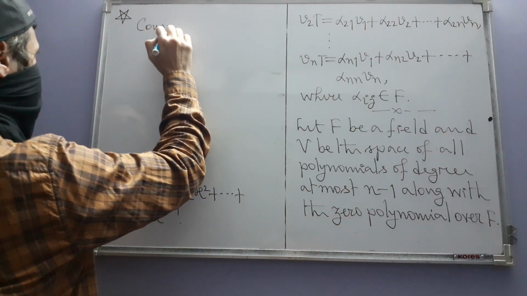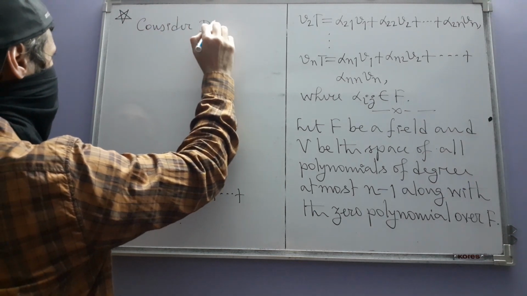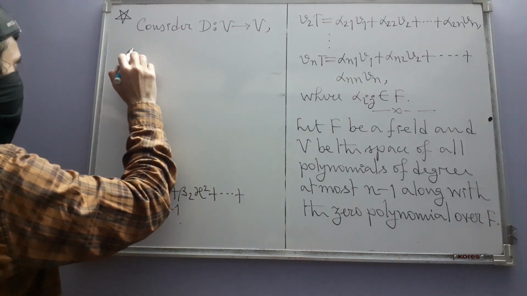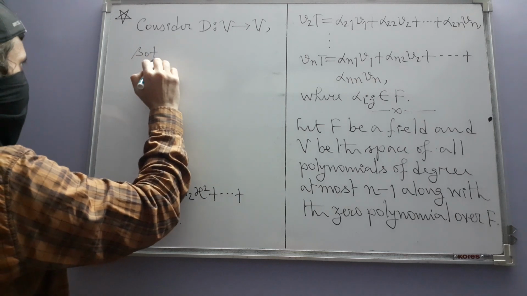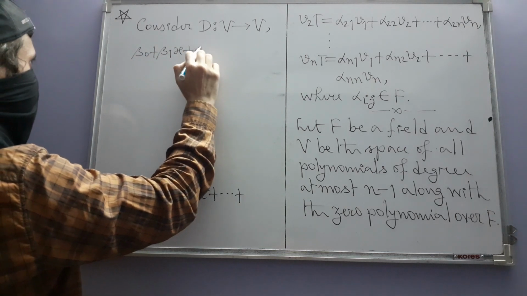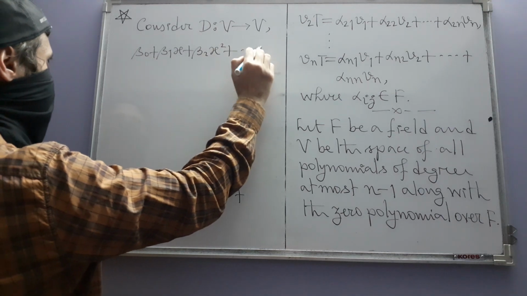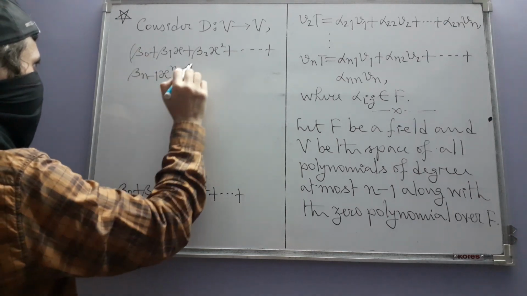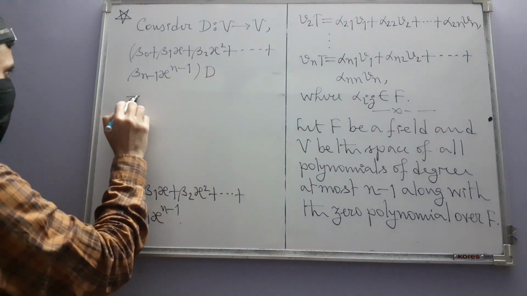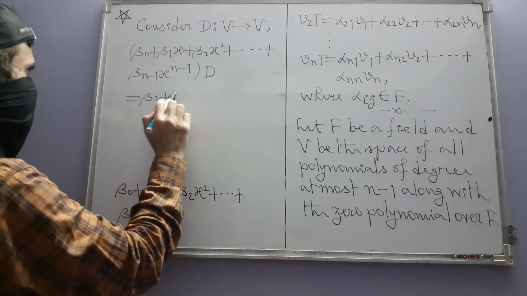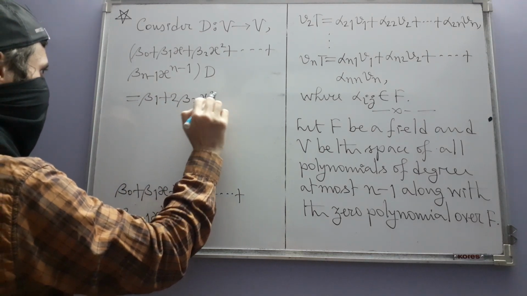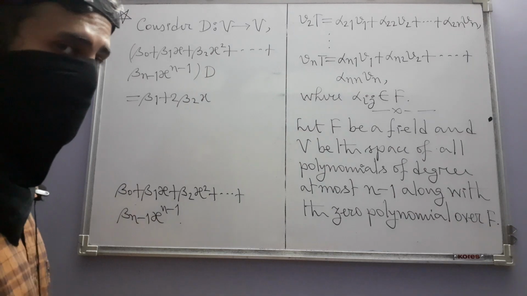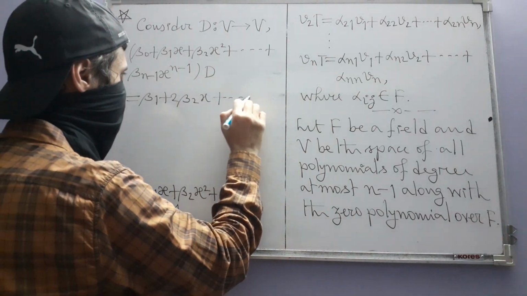Consider the function d from V to itself, under which the image of this element is beta 1 plus 2 beta 2 x plus 3 beta 3 x square and so on.